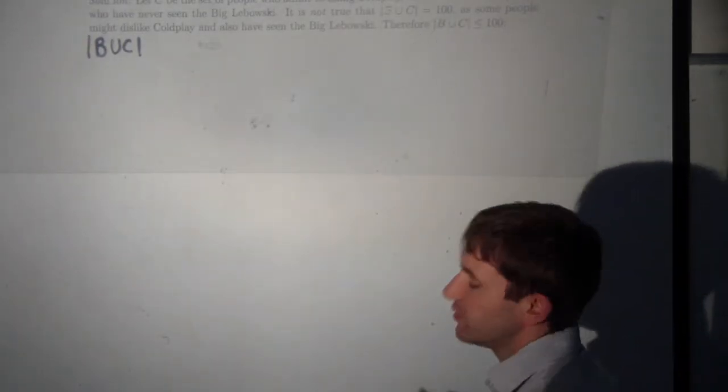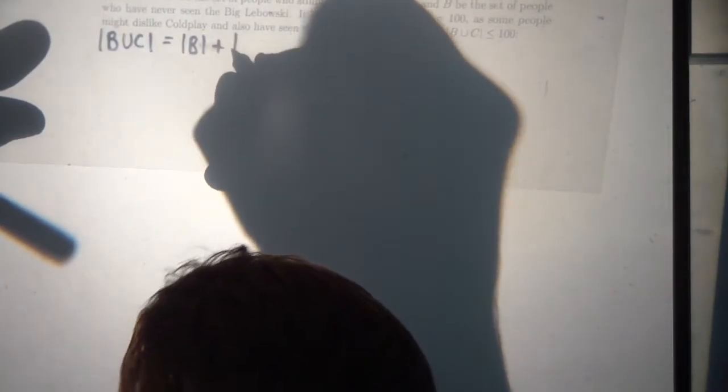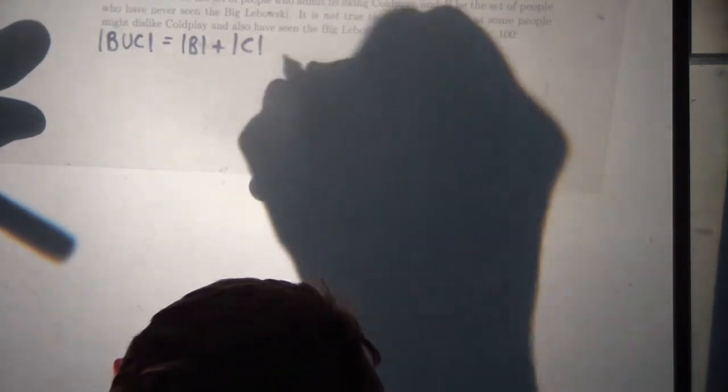So what the question is basically saying, can we say anything about B, haven't seen The Big Lebowski, and like Coldplay? So this, using our inclusion-exclusion principle, is the number of people who haven't seen The Big Lebowski plus the number of people who admit to liking Coldplay, take away the number of people, that's what we're interested in, who haven't seen The Big Lebowski and admit to liking Coldplay.